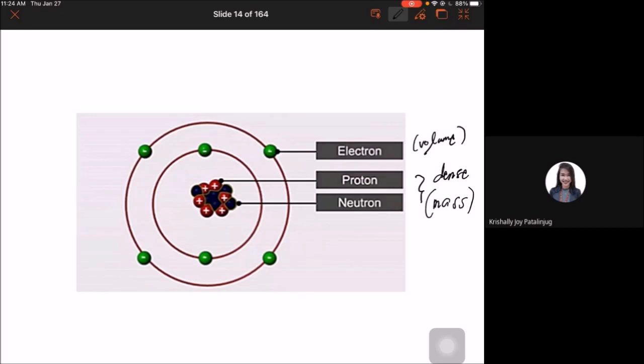And among the subatomic particles mentioned, it is the electron that will be our focus on chemical bonding, because recall that it is the electron that participates in chemical bonding, particularly the valence electron.